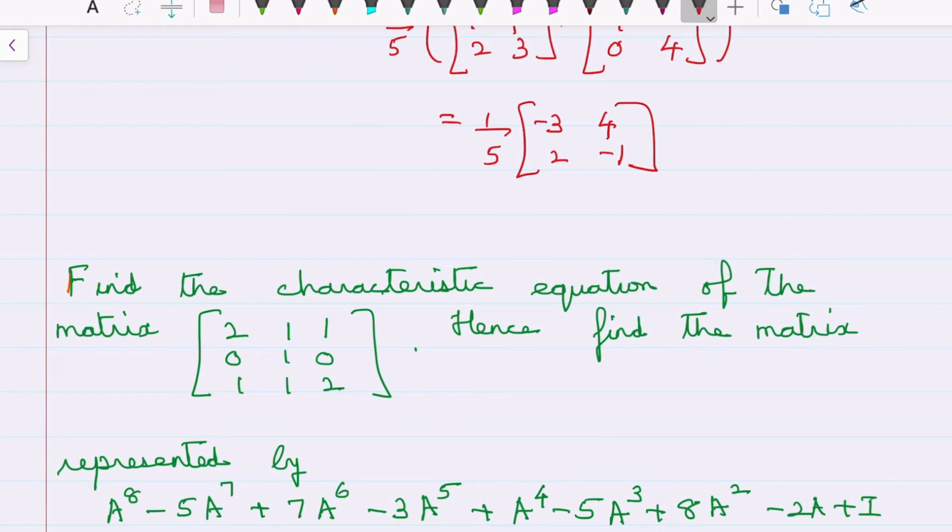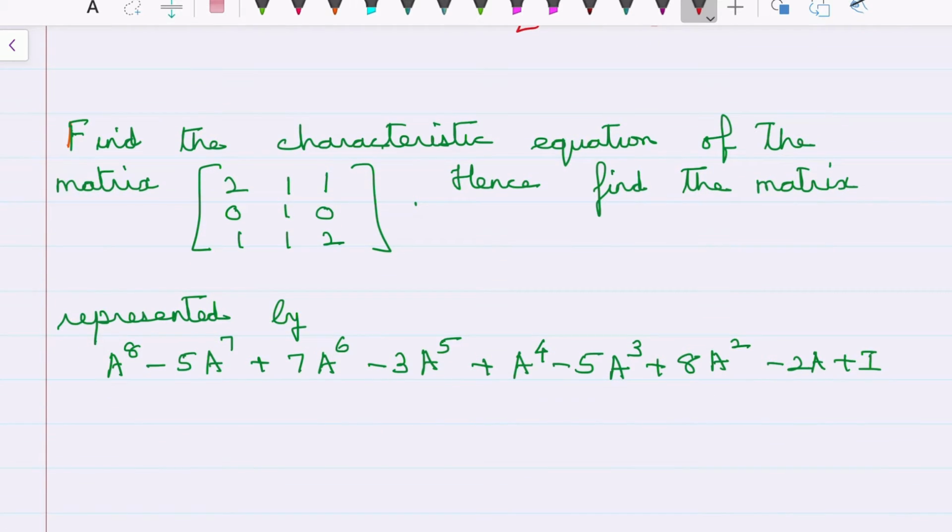Coming to the next question, find the characteristic equation of this matrix, and hence find the matrix represented by this equation. So first of all, we will calculate determinant of A minus lambda I equal to 0. So I can write it as [2 minus lambda, 1, 1; 0, 1 minus lambda, 0; 1, 1, 2 minus lambda] equal to 0.